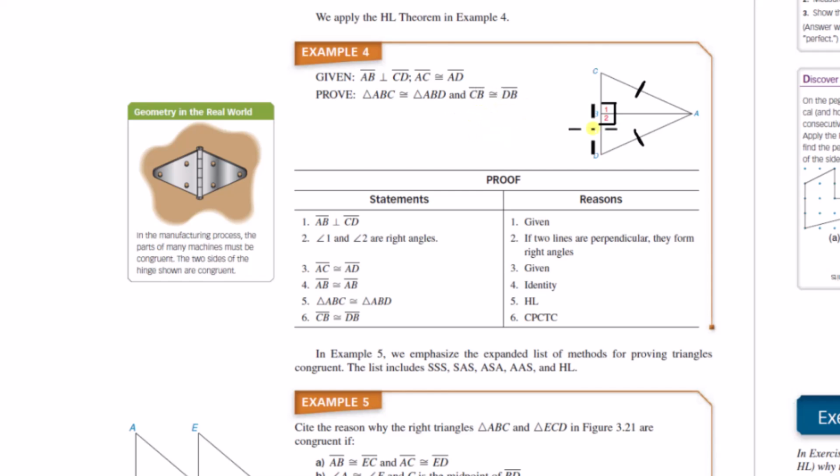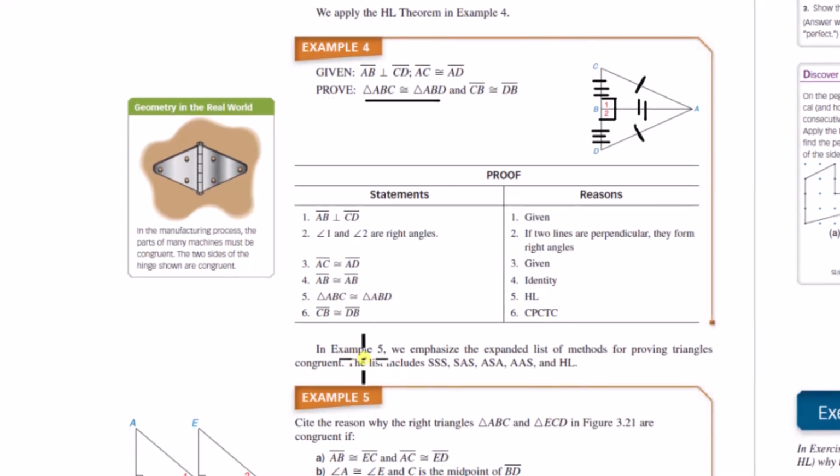We've got these two sides are the same side. So there you go, the HL, hypotenuse leg theorem, says that these two triangles are congruent. Great, so we've proved this. Now, that CB is congruent to DB, well, those are corresponding parts, so you would use CPCTC.